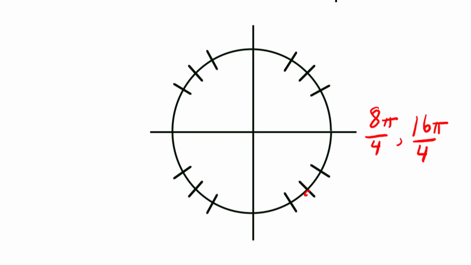So it's almost the 16, just a little bit shy. It's at the 45-degree mark in quadrant 4. Negative pi over 4 is also at that same location in quadrant 4. And negative 7 pi over 4 is in quadrant 1.